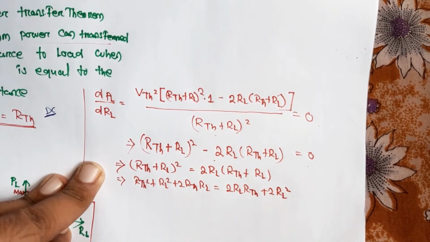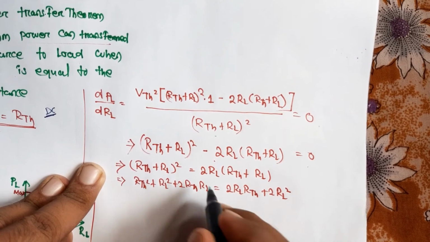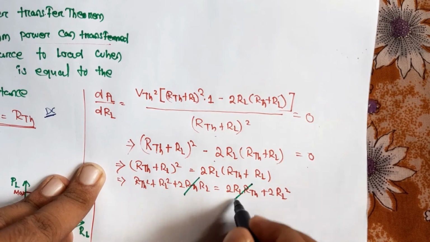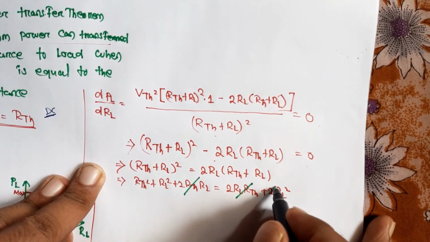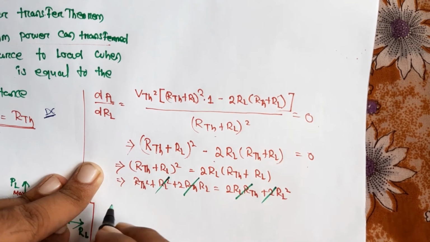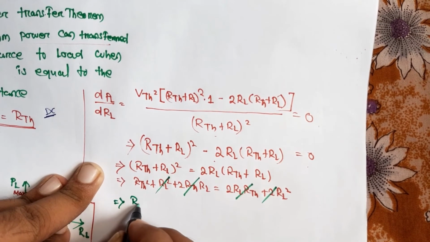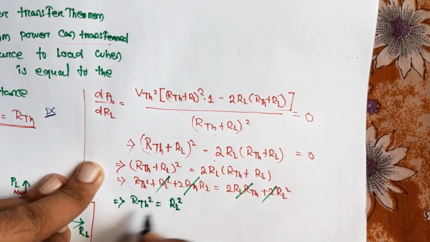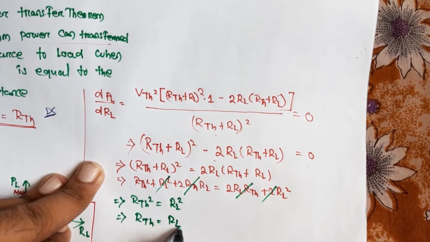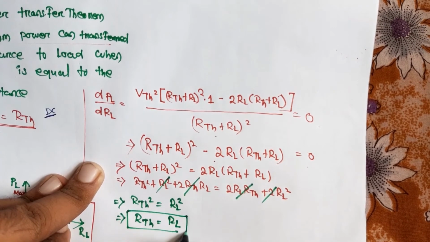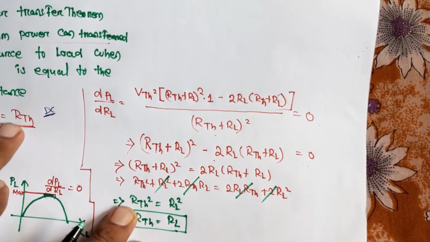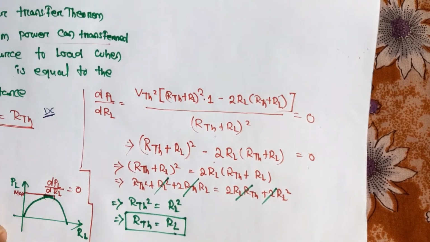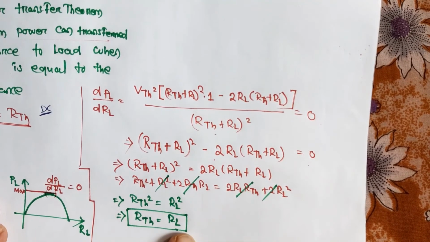We can cancel out 2 RTH RL on both sides, and finally we get RTH square equal to RL square, so RTH is equal to RL. This is our final objective, how this theorem is proved.